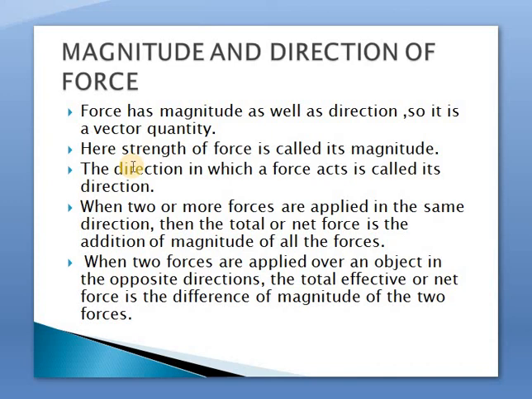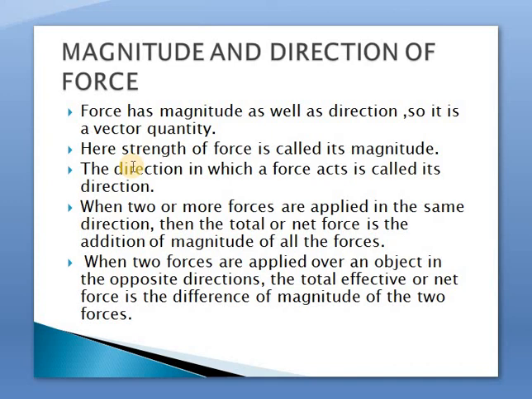A scalar quantity has only magnitude, while a vector quantity has both magnitude as well as direction. It means to represent a force well, you need its magnitude as well as its direction.